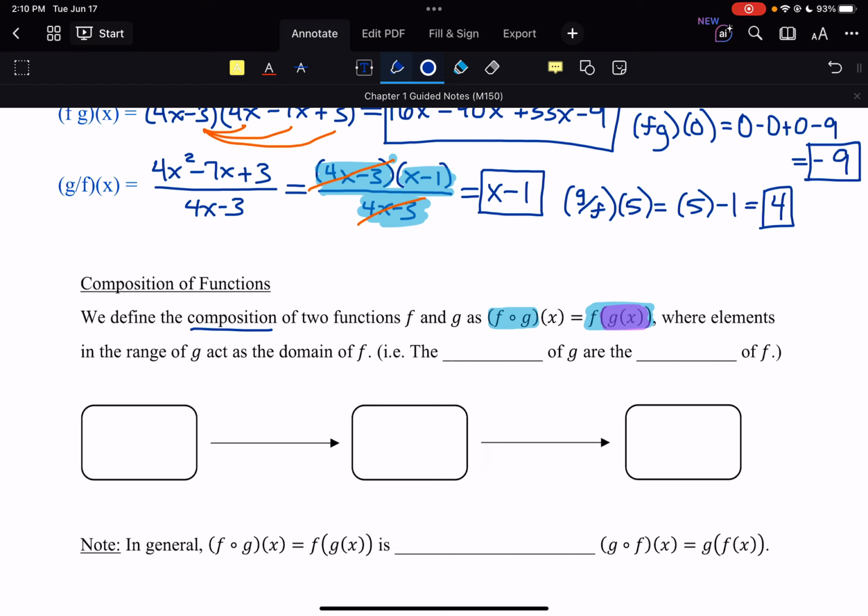In this composition, elements in the range of g act as the domain of f. In other words, the outputs of g are the inputs of f.